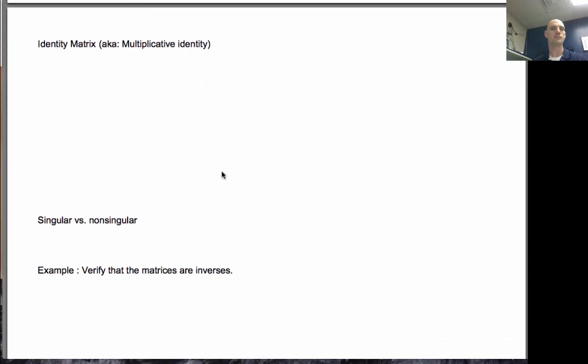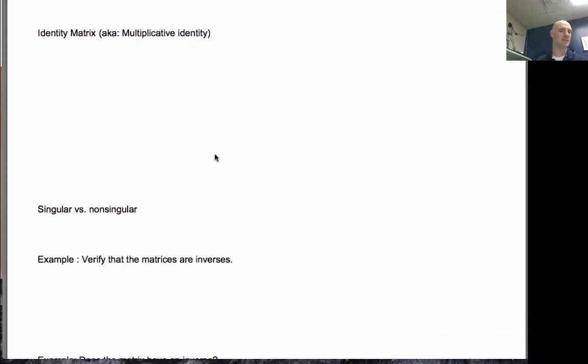Okay? The identity matrix is the multiplicative identity. So for example, A sub 2 is a 2 by 2 matrix.